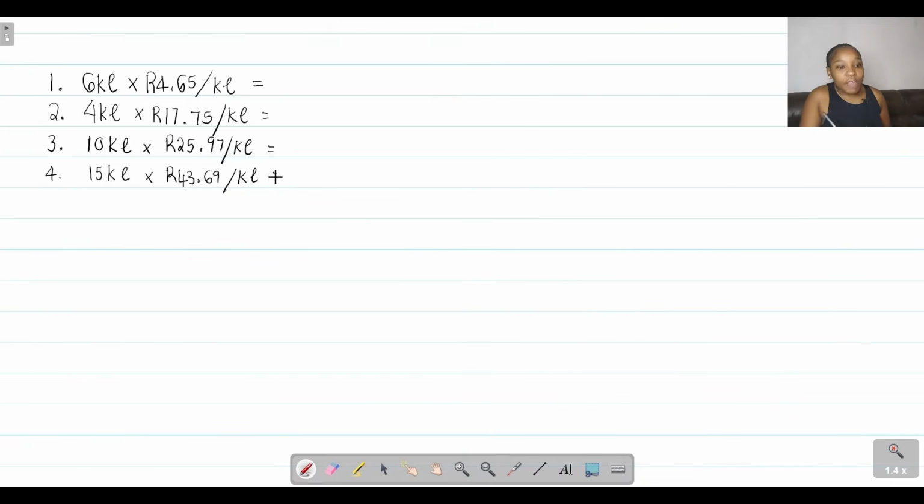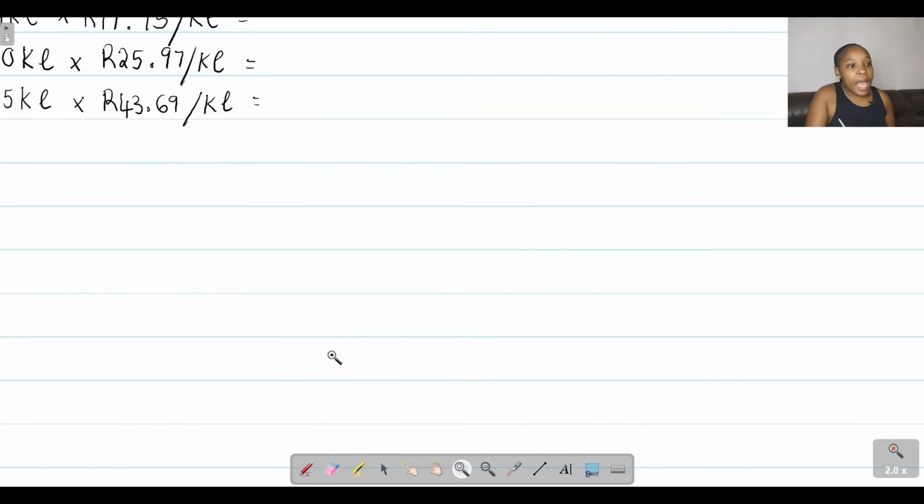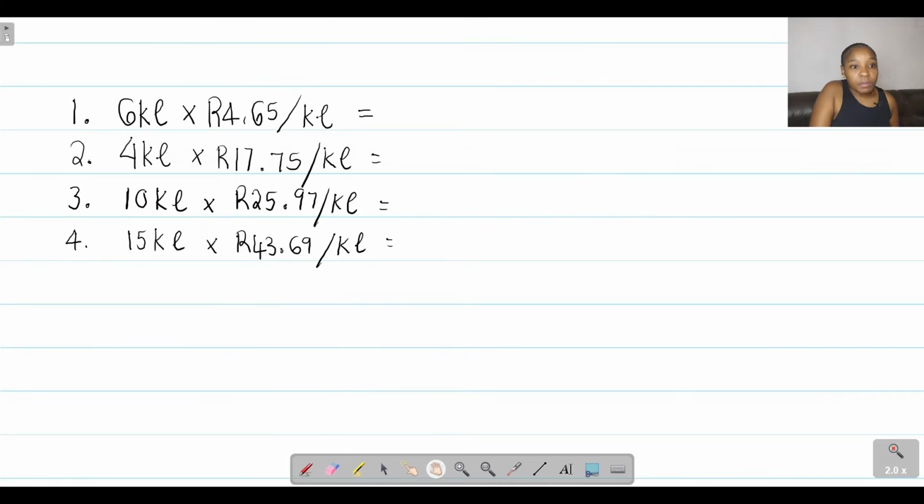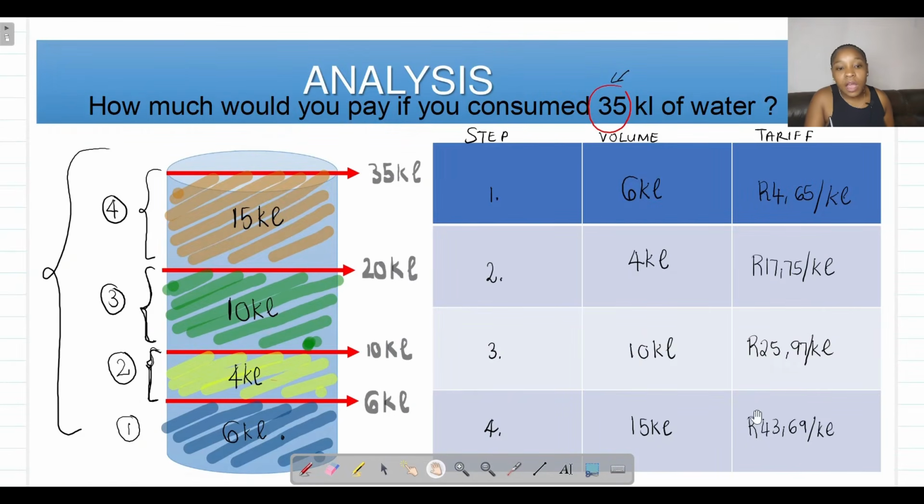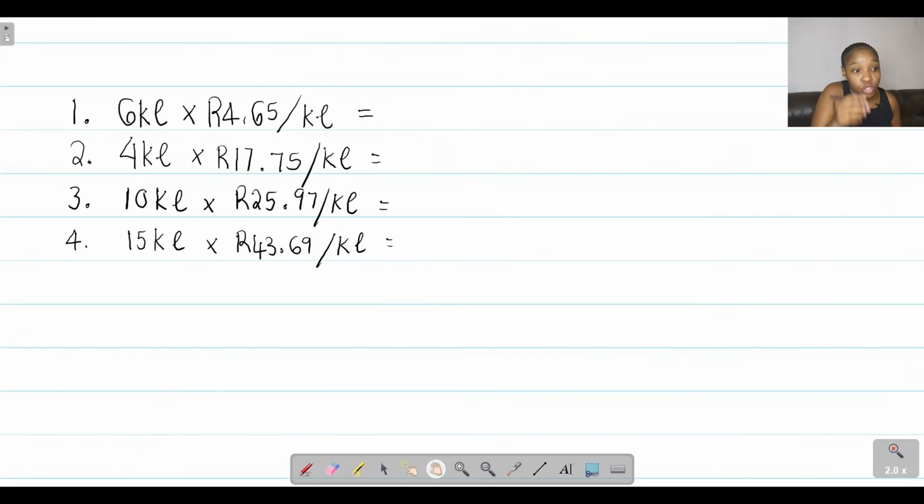All right, so I've just rewritten everything that I put on the previous page. However, all that I've done now is multiply the volume with the tariff that is charged. If you take 6 kiloliters and multiply it by 4.65, you will get 27.90 rand.